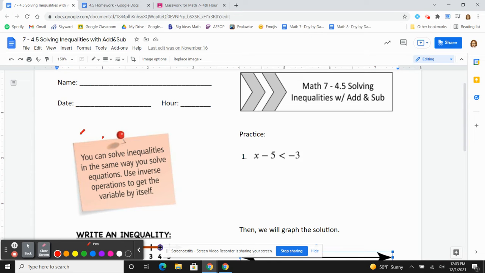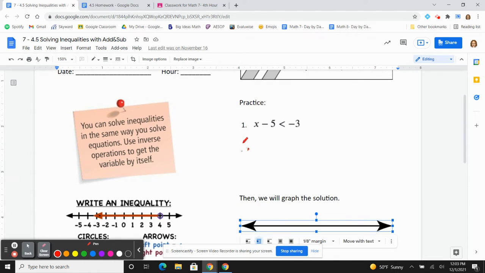You use inverse operations to get the variable by itself. So we can solve inequalities using the same tools that we use for solving equations. Instead of there being an equal sign, now it's going to have the inequality, but we're following the same steps.